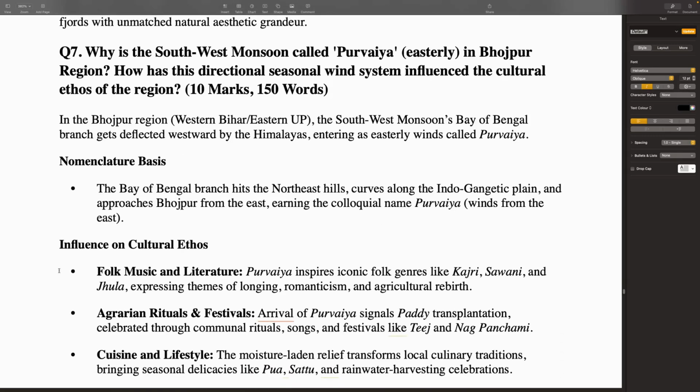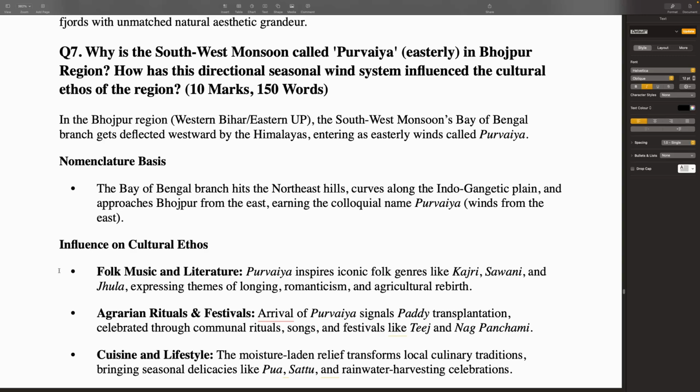Why is the southwest monsoon called Purvaiya? Purvaiya means easterly in the Bhojpuri region. How has this directional seasonal wind system influenced the cultural ethos of the region? In the Bhojpur region, western Bihar and eastern UP, the southwest monsoon's Bay of Bengal branch gets deflected westward by the Himalayas, entering as easterly winds called Purvaiya.